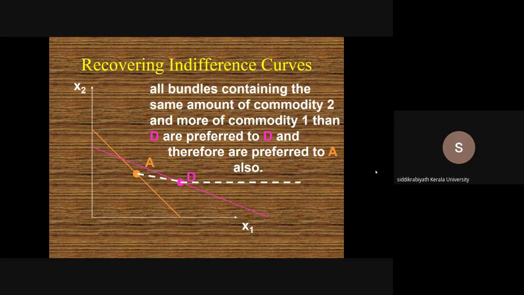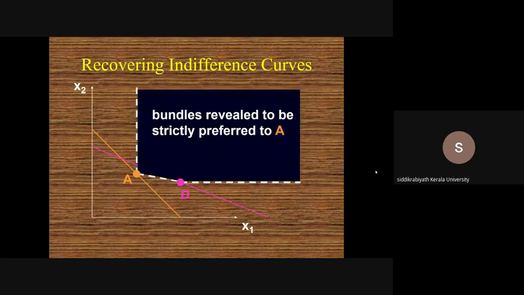So all the bundles containing the same amount of commodity 2 and more of commodity 1 than D are preferred to D and therefore are preferred to A. Right. So this is what we are trying to make.